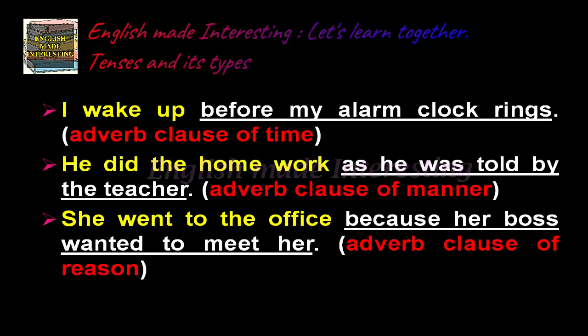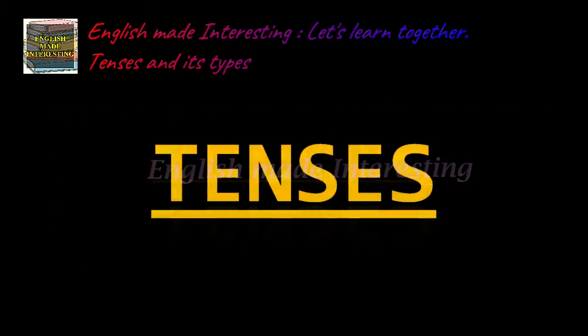She went to the office because her boss wanted to meet her. Because her boss wanted to meet her is the clause, and it is an adverb clause of reason. Why did she go to the office? It is giving a reason, because her boss wanted to meet her. Hope you understood. And now we'll pass on to the tenses.